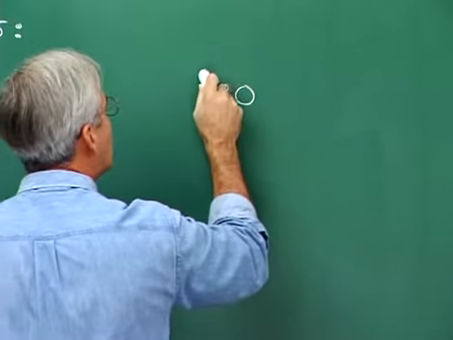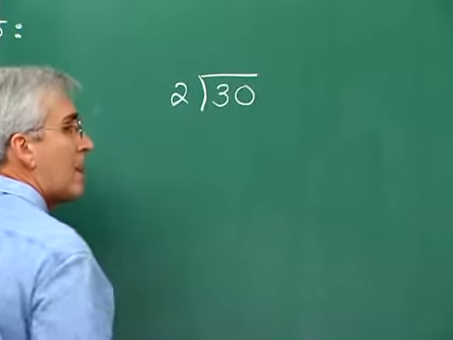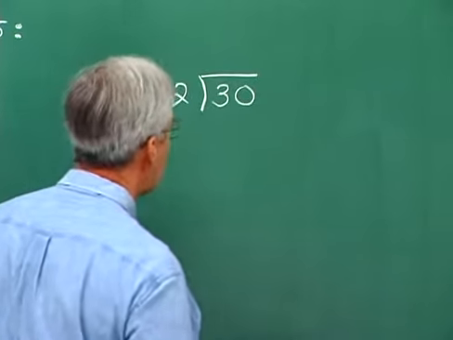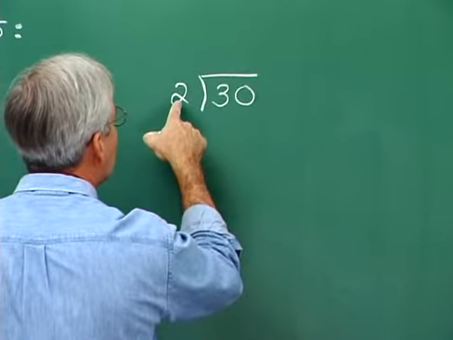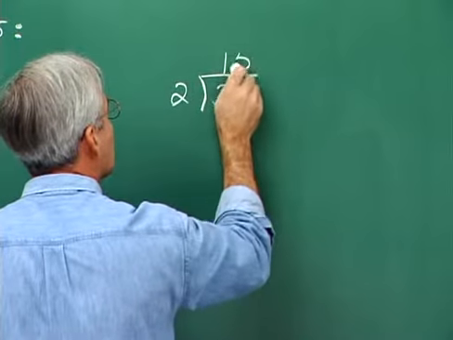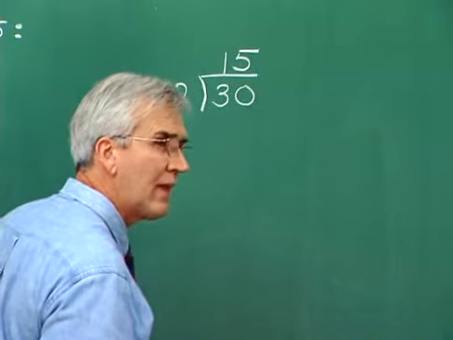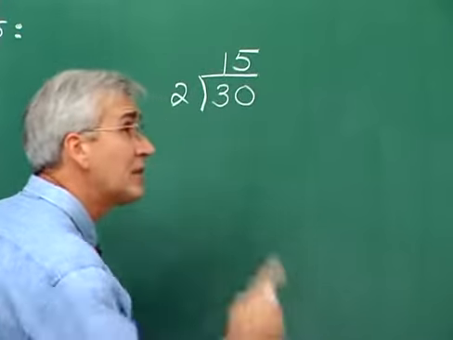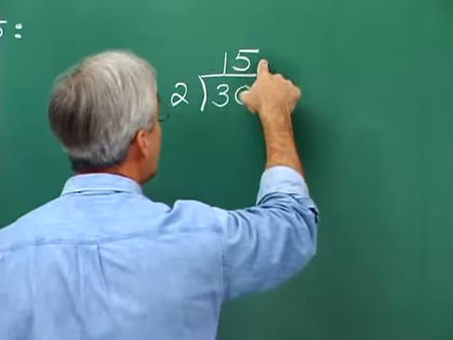Let's take the smallest prime number, which is 2, and see if it goes into 30. It does, because 30 is even. 2 goes into 30 15 times. Then you look at that number and ask, does 2 go into that? No, it doesn't. Does the next prime number go into that? The next prime number is 3. Yes, 3 goes into 15.